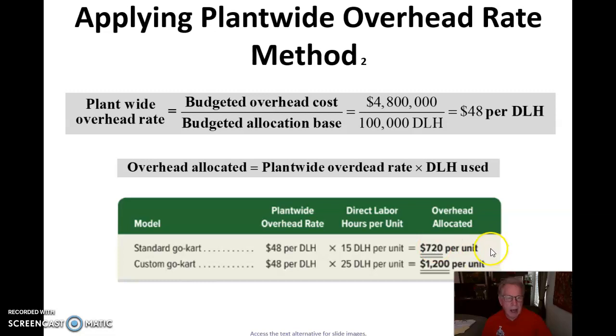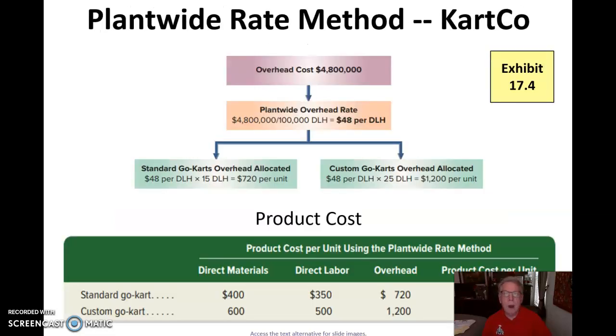And so how we're going to allocate this overhead, it's going to be $720 per unit for standard and $1,200 per unit for the custom. So our overhead cost for CartCo here is 4.8 million. Our rate is $48 per direct labor hour.